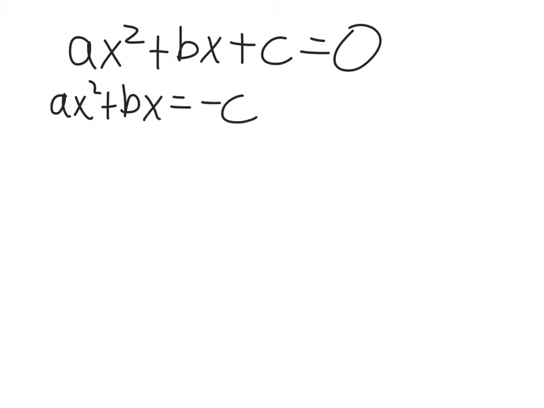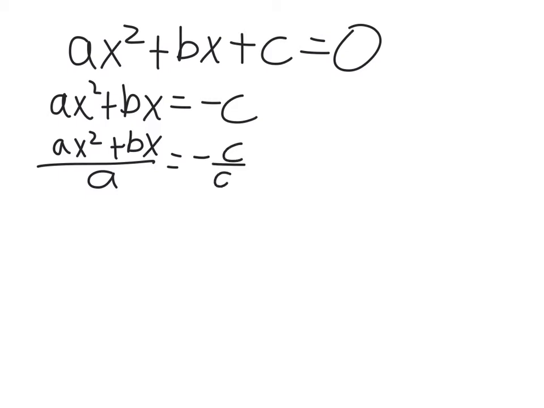Then we divide by the coefficient of x squared. So divide by a. And we get x squared plus coefficient of x is b over a. And then the other side would be negative, or the opposite of c over a.